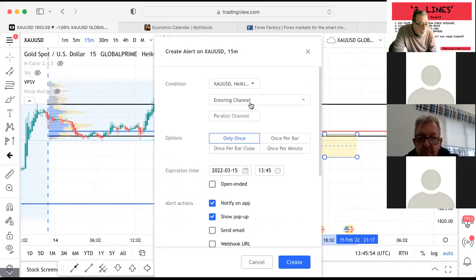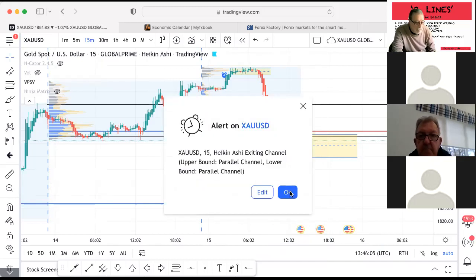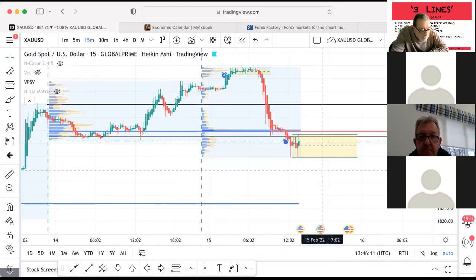So when the price is exiting the channel, once per bar, job done. It's actually just popped its head. I haven't drawn that well enough.